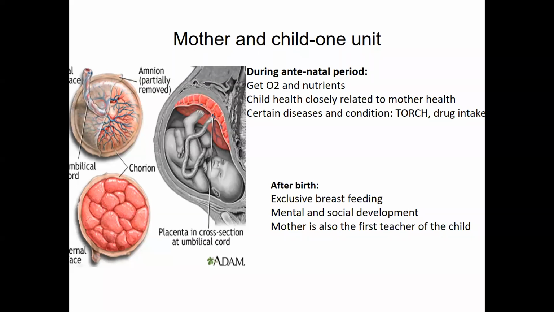During the antenatal period, the child gets oxygen and nutrition, and certain diseases and conditions are passed on. So if the mother is suffering from these 4 diseases, toxoplasma, rubella, cytomegalovirus, and herpes, the children will suffer. And also some drugs.